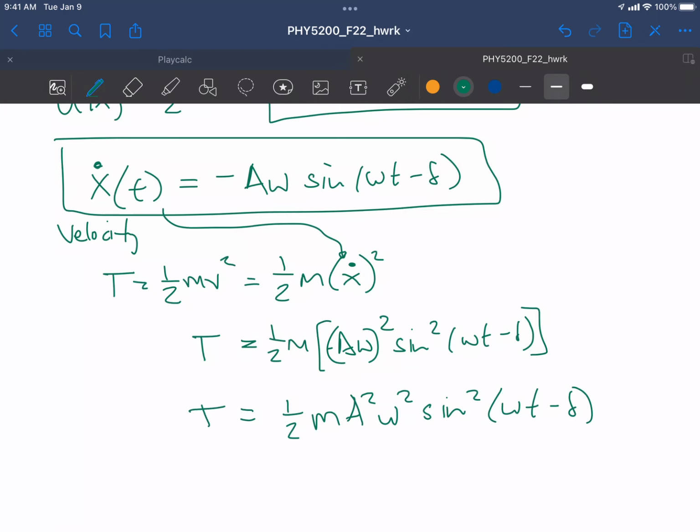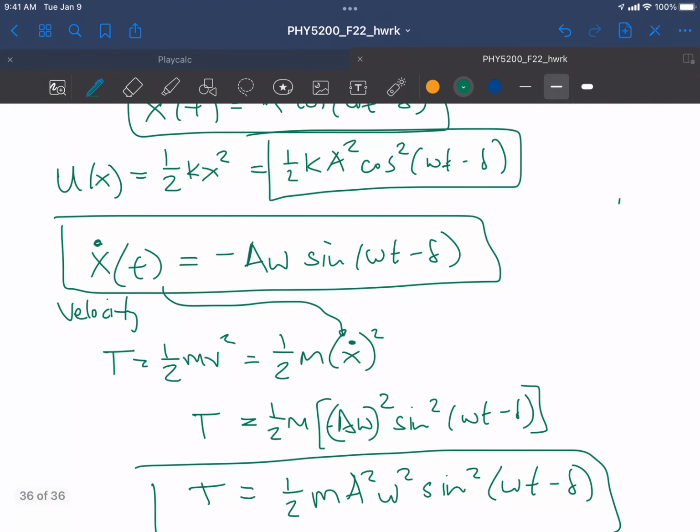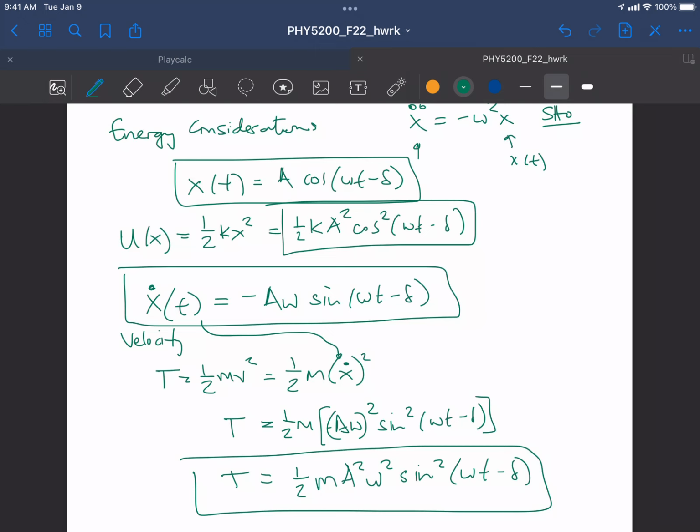This is T, the kinetic energy of your oscillator as a function of time. You can plot it, or you can evaluate it. You could also have evaluated the potential energy as a function of time. So here's the kinetic energy, and this is the potential energy.